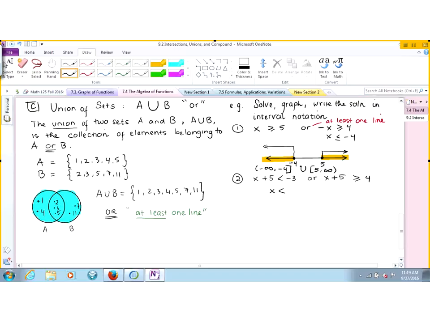How about the other one? X is less than what? Negative 8. Okay. So this is x is greater than or equal to negative 1. This is simple also. So we have negative 8 to the left, negative 1 to the right.